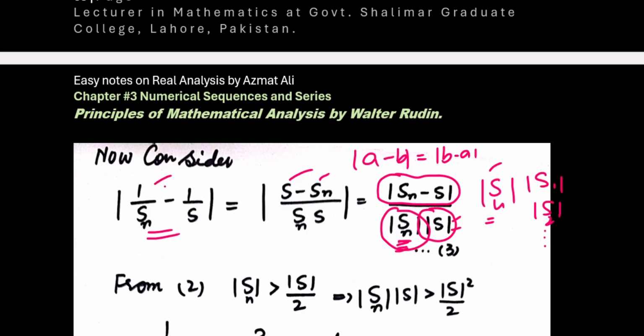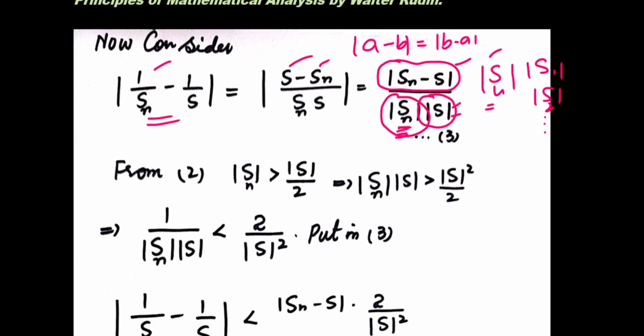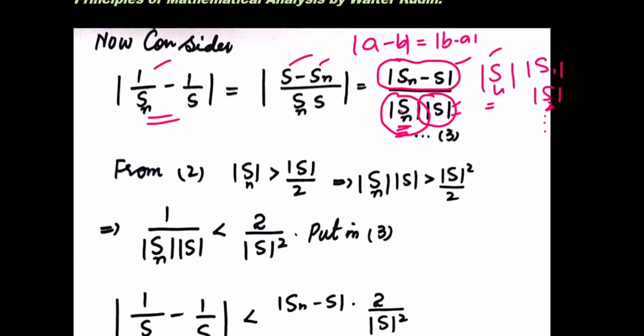Now we consider the expression that we have to show, and I already explained this. This becomes here. Now I want an expression from which we can remove Sn from the denominator. From 2, as absolute Sn is greater than S absolute by 2, the denominator is absolute Sn into absolute S. So multiply both sides by S absolute here.